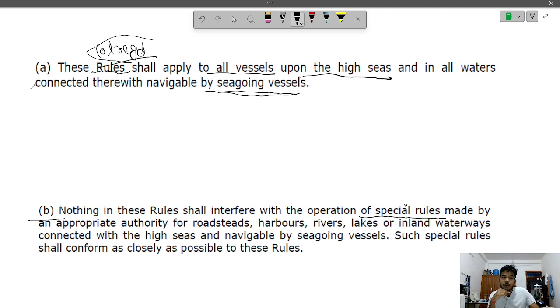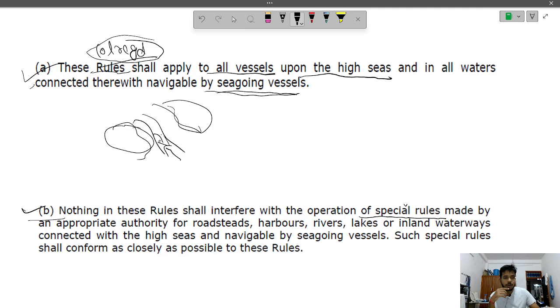All these waters means all inland waters. Inland water means waterways which are covered by land, and if a vessel is sailing here, then the ROR also applies. So this is the first rule.